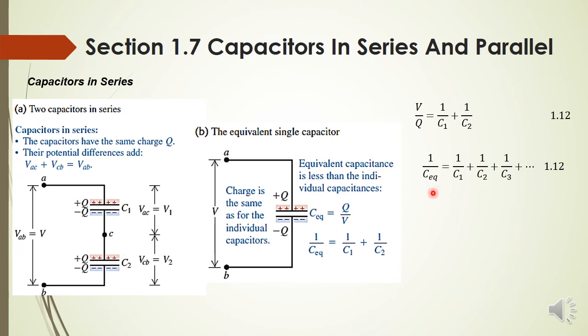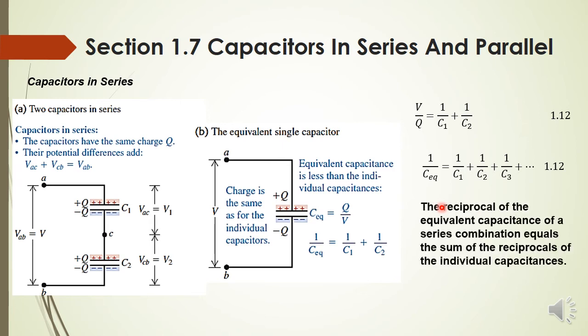From equation 1.12 of your handouts, the reciprocal of the equivalent capacitance of a series combination equals the sum of the reciprocals of the individual capacitances. Okay? So, as you can see, the equivalent capacitance is just the combination of each of the capacitances.